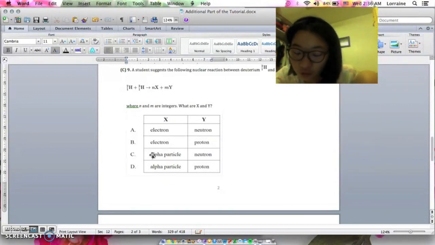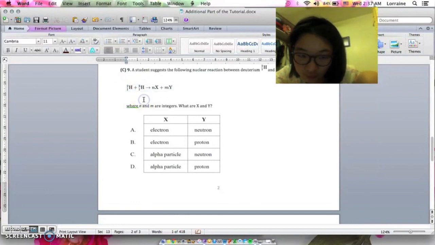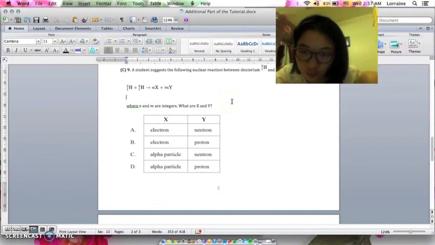We add that to a neutron, which has 1 on top and 0 below. The H here has 5 on top and 2 below. If we add the alpha particle and the neutron, it also has 5 on top and 2 below, so they equate with each other. That's why the answer here is alpha particle and neutron, so that both sides are balanced.